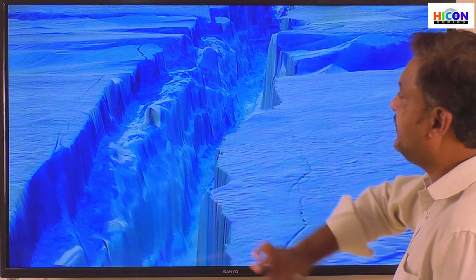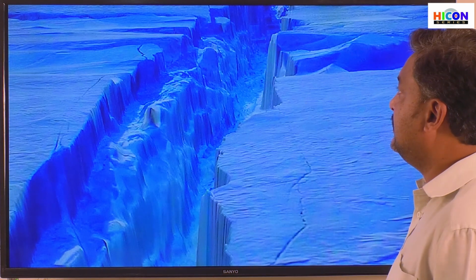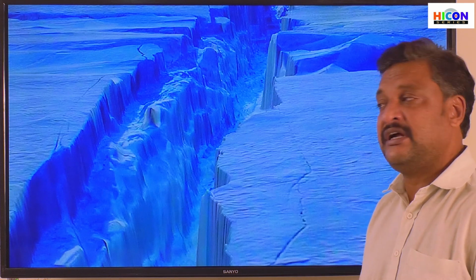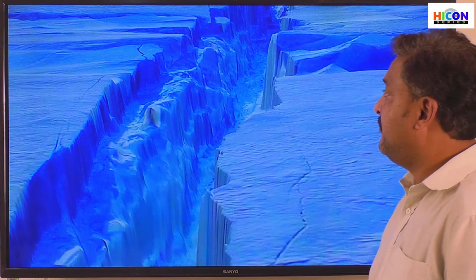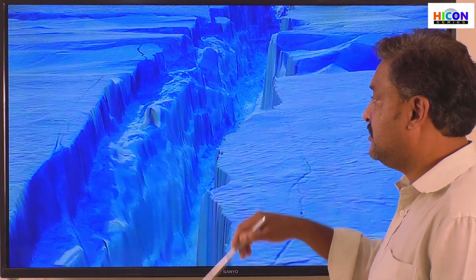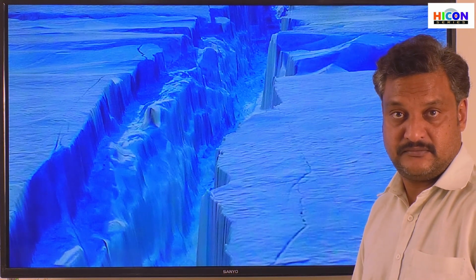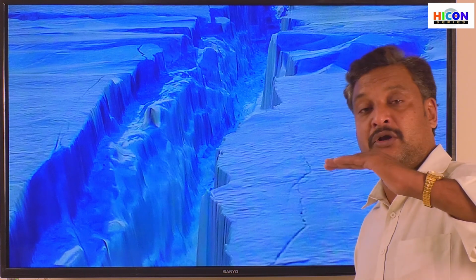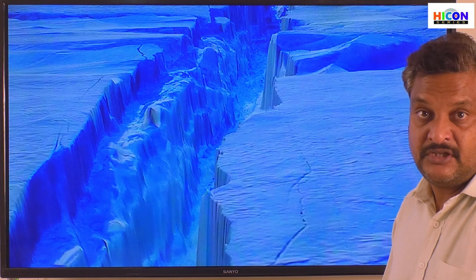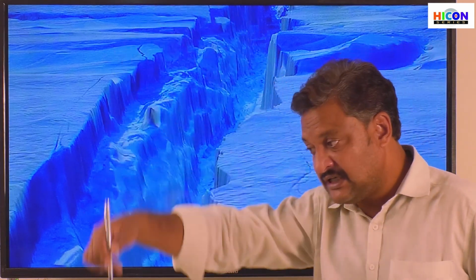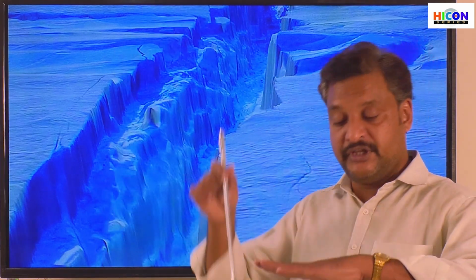It's completely covered with ice, and if you try to dig down deep into the ice to find the soil, the thickness of ice on Greenland is around 2 to 3 kilometers. You have to go 3 kilometers down into the ice if you want to reach the soil.